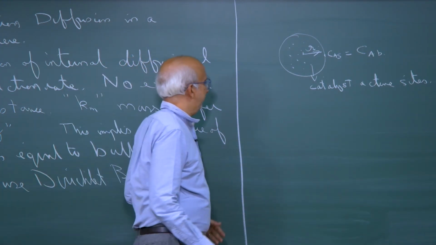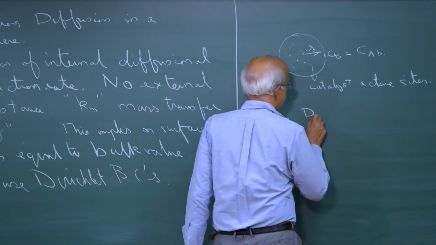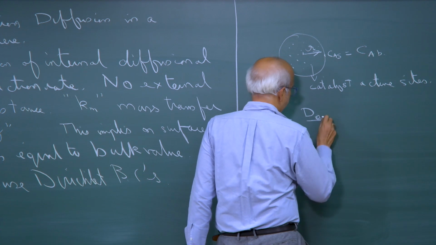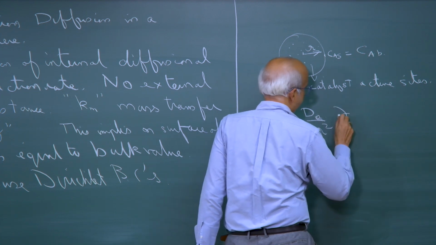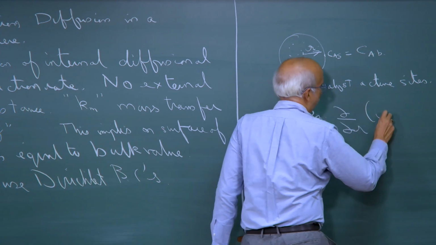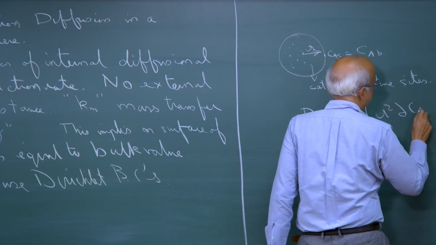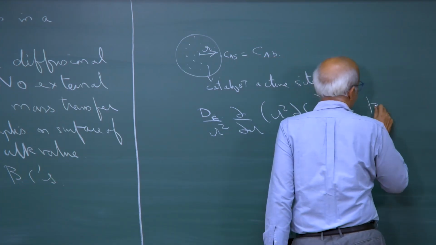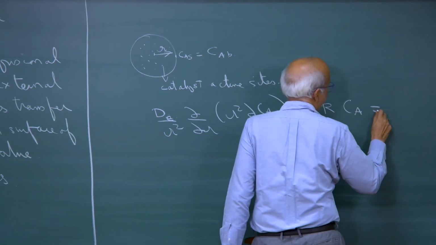So, if you want to write the differential equation for this, D_e by r squared d by dr of r squared dCa by dr minus k times Ca equals 0.